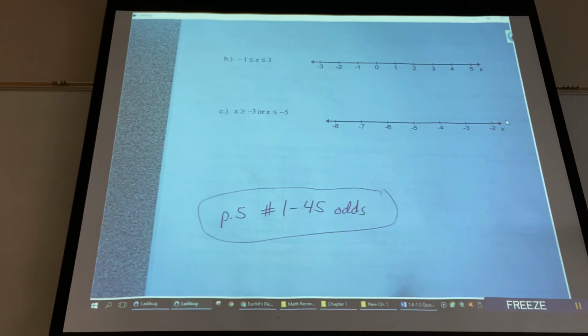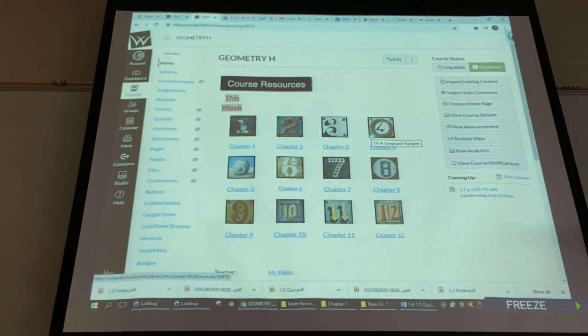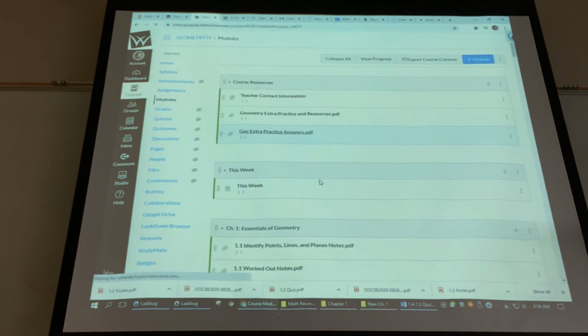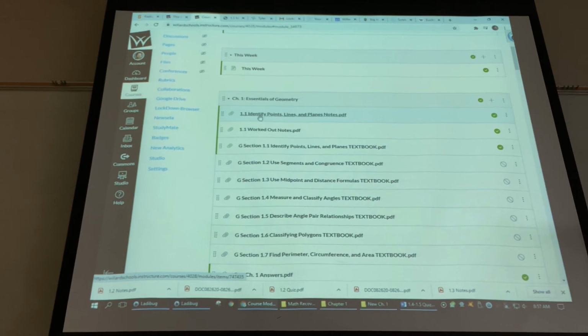All right, so finally, you can go somewhere other than this week. If you go to chapter 1 in Canvas, chapter 1, and then all the textbook ones have G section.